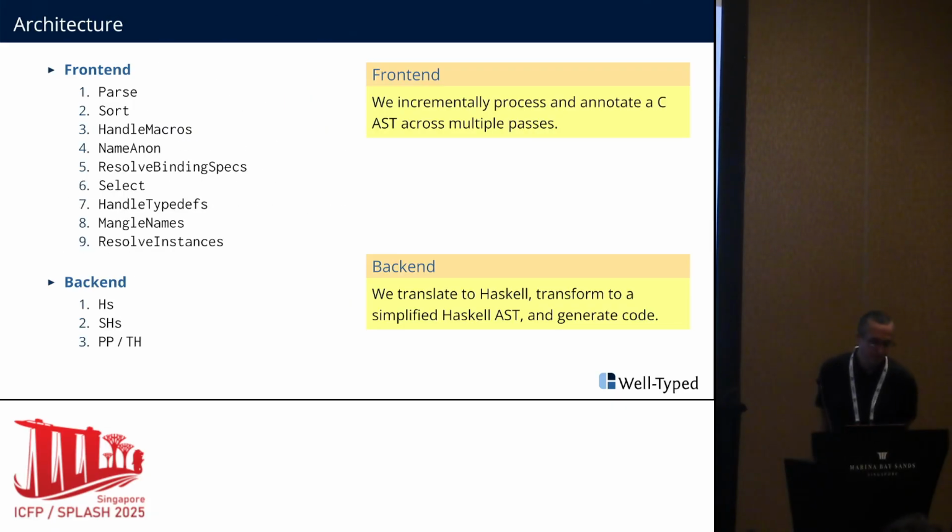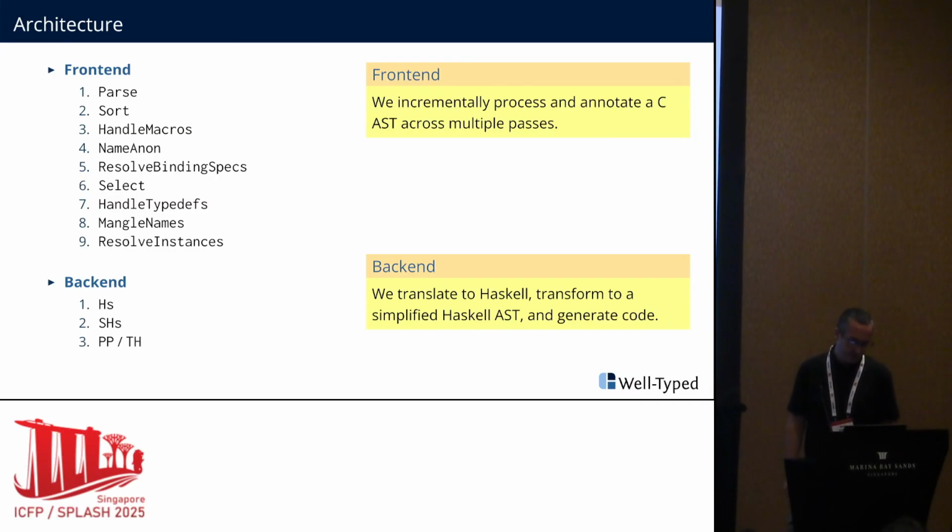So as a brief overview of the architecture, hs-bindgen is designed sort of similar to a compiler. We have a front-end that incrementally processes and annotates a C AST across multiple passes. This is using the trees that grow style annotations.